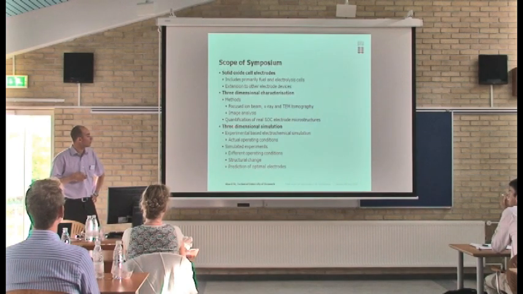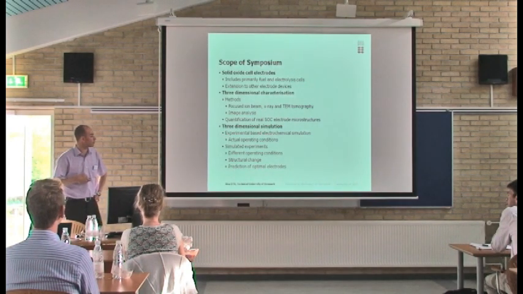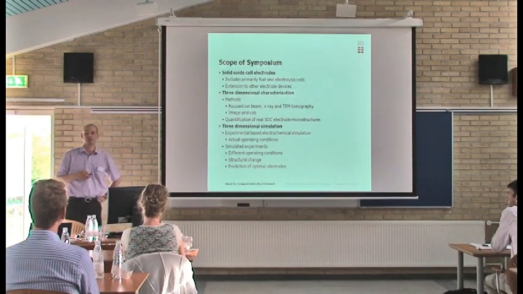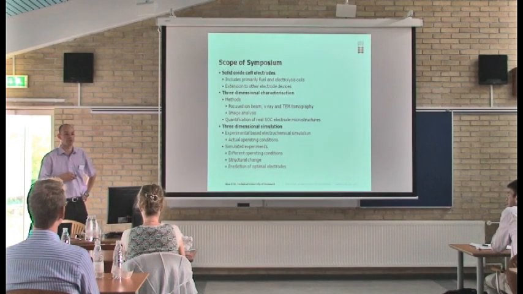If we extend this now to simulation in 3 dimensions, we can probably think about 2 types of simulations that will be in the scope of the symposium. This will be an experimental-based electrochemical simulation, which is what most people have been working on now. This is where you would test a cell, reconstruct its electrodes, and then simulate the conditions that it ran under to understand why the structure is as it is and what effects it has.